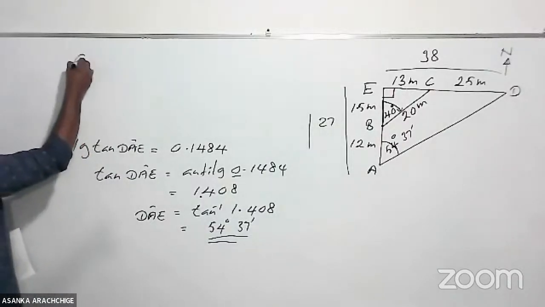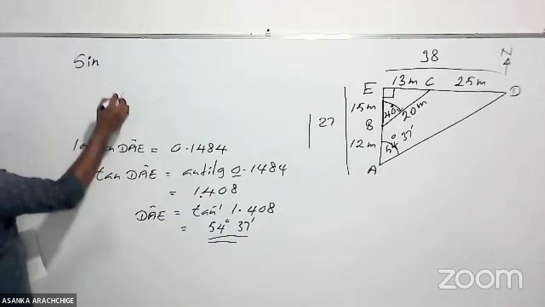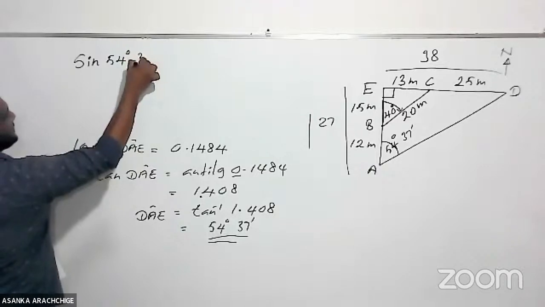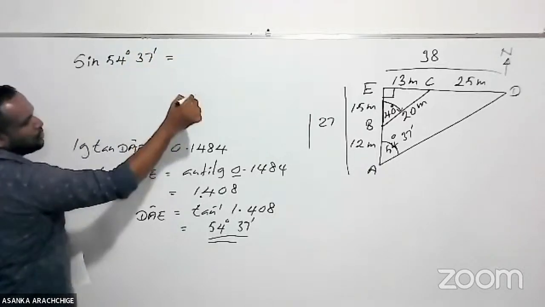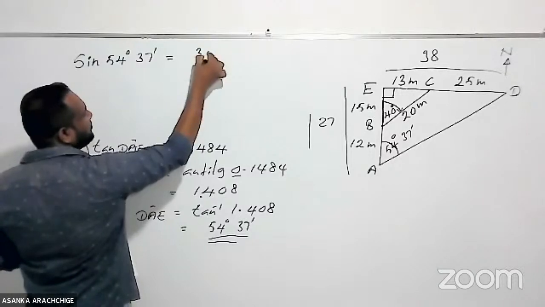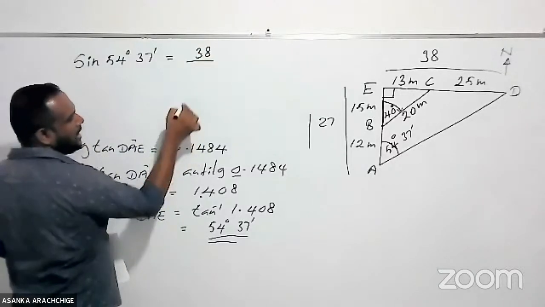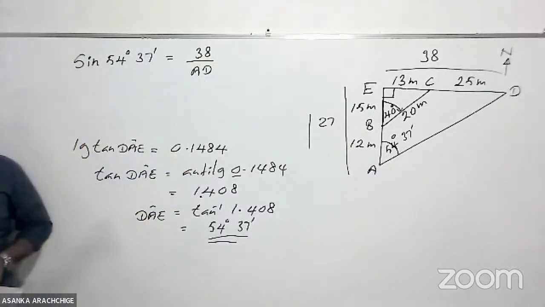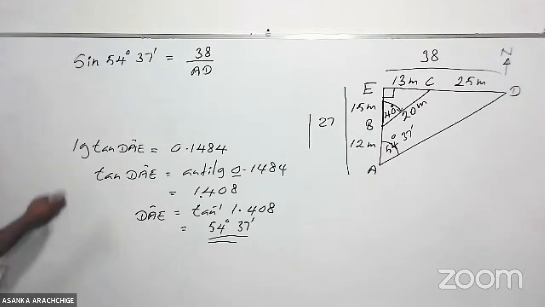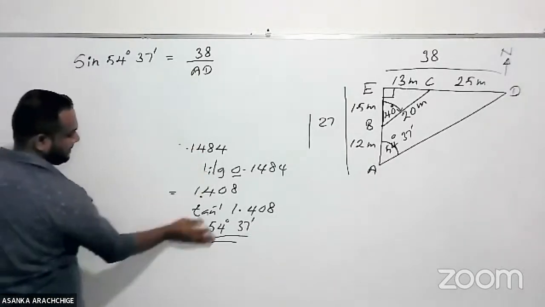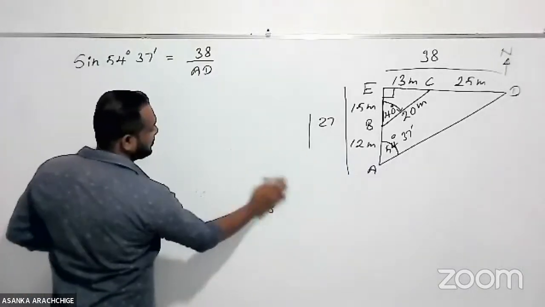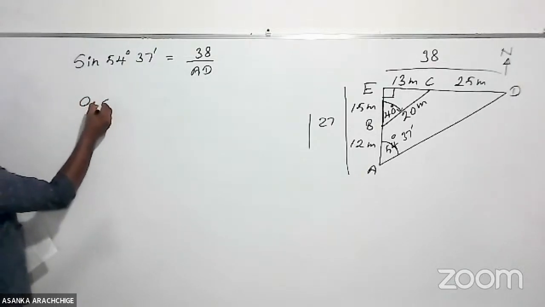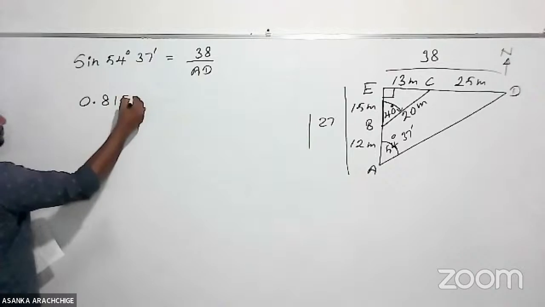Therefore, sine 54 degrees 37 minutes is equal to opposite 38 upon hypotenuse AD. So what is sine 54 degrees 37 minutes? 0.8153.